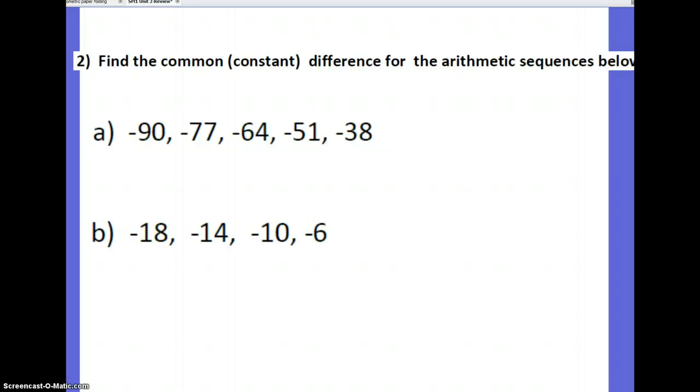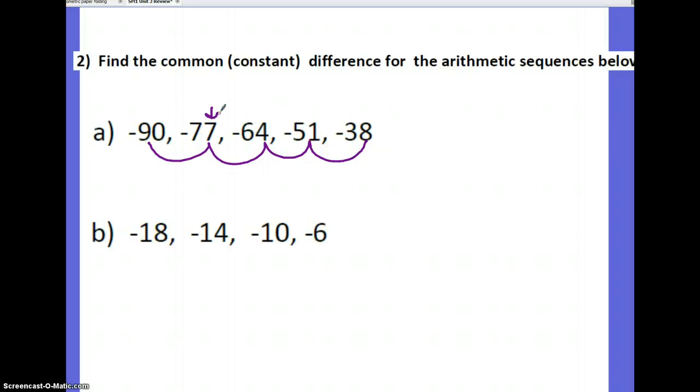Find the common constant difference for the arithmetic sequences below. That just means find out what it's going by. If I know that it is 3, I'm going from a 90 to a 77. I know there's got to be something with 3 in it.